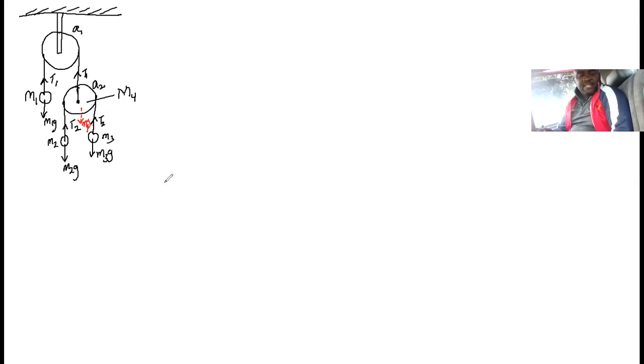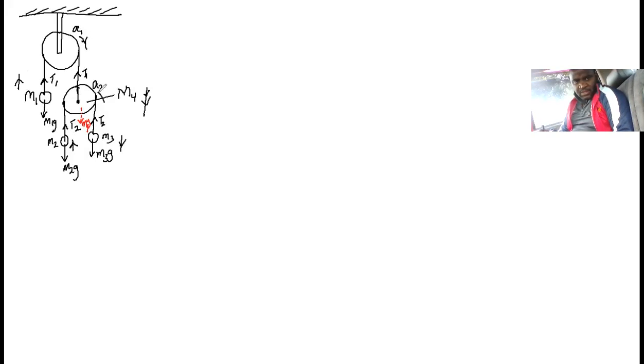Now, if the system is released, and perhaps the entire system this way is going down, then M3 is going down also, as M1 is rising upwards. Then this M1 will go up, this M2 will go up. So this pulley is going down because of the direction. This one is rotating this way.